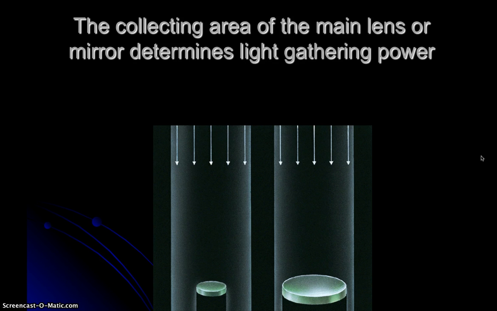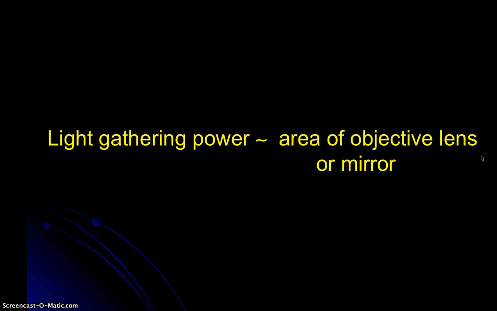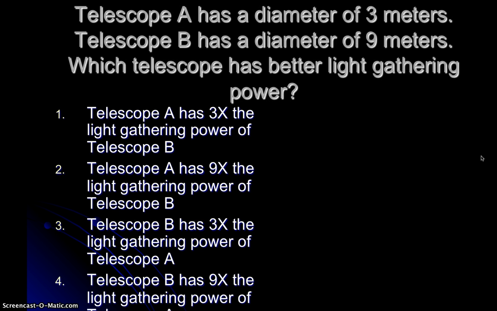What we need to say in more detail is that the light gathering power of that telescope is directly related to the area of the main lens or mirror. So the cross-sectional area of the lens or mirror is what is going to determine the light gathering power. However much that area increases, that's how much the light gathering power is going to increase.